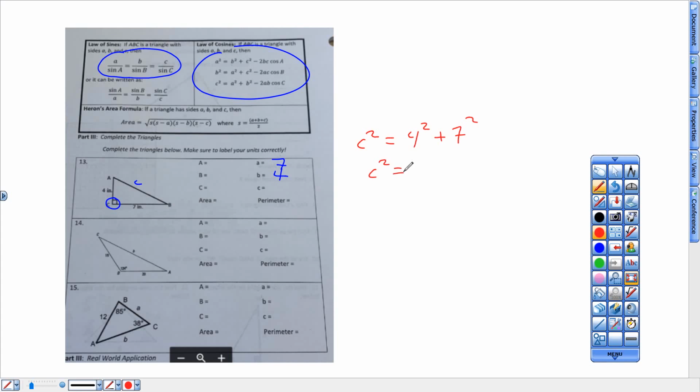So that gives you 16 plus 49. If I add that up, gives me C equals the square root of 65. Oh, I'm sorry, I jumped the gun ahead. That's just C squared equals 65. And then to solve that, that's when you square root it.